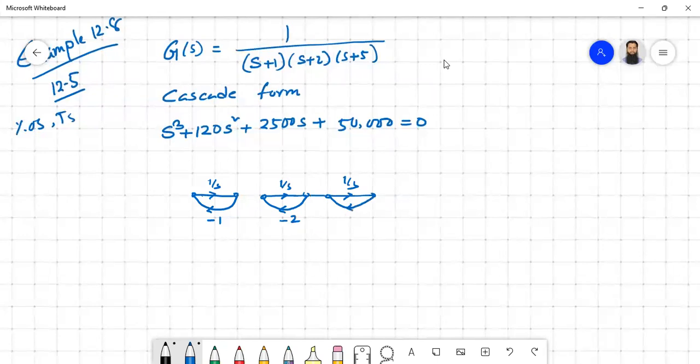They are connected with the gain 1. What is our output? Output is simply the first value. So with the gain 1, we are going to get the output Y.